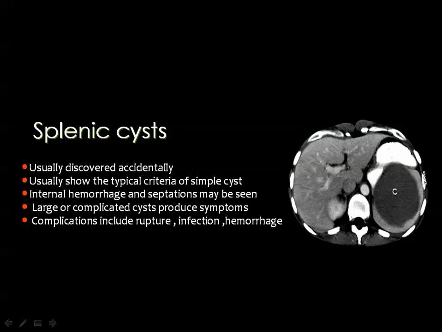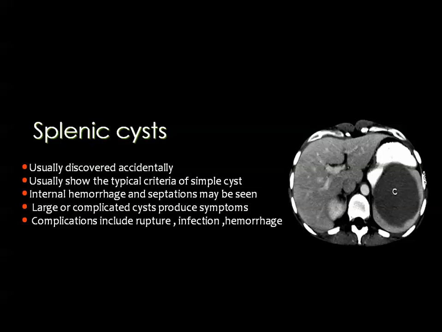And you remember the typical criteria of a simple cyst anywhere in the body are 7: 3 positive and 4 negative items. The positive items are paper thin wall, sharp, well-defined margin, and clear water or fluid content.